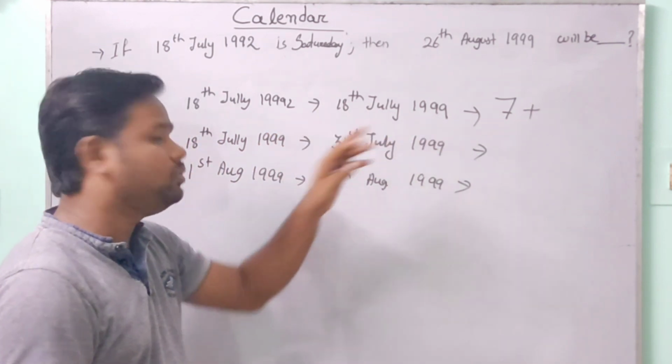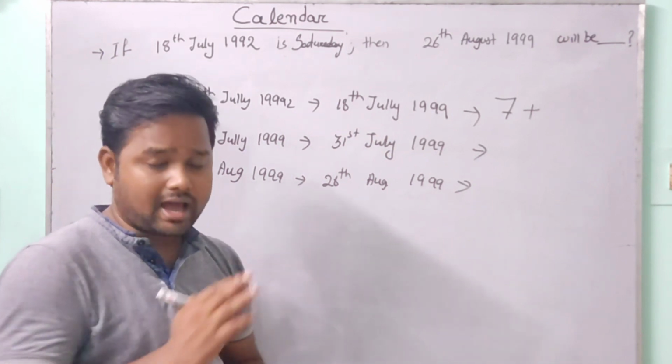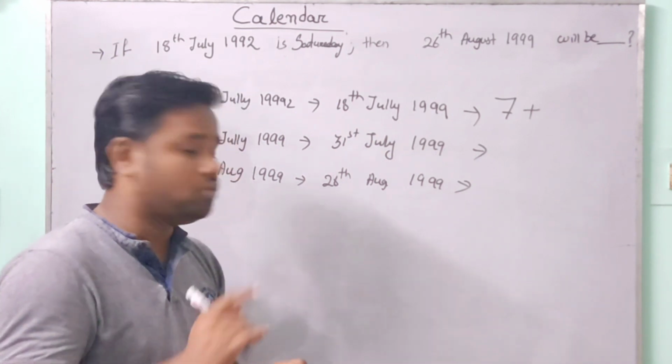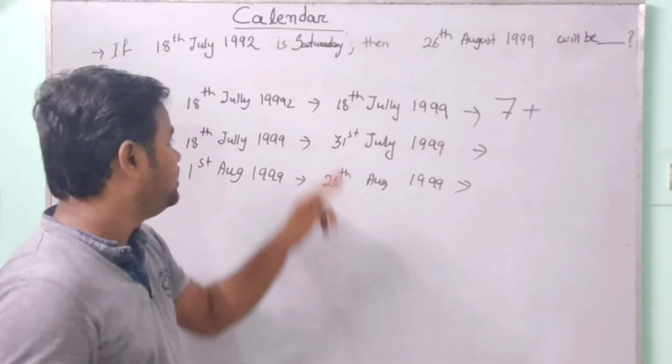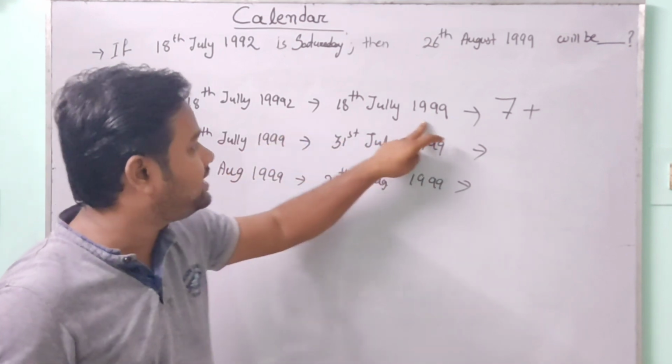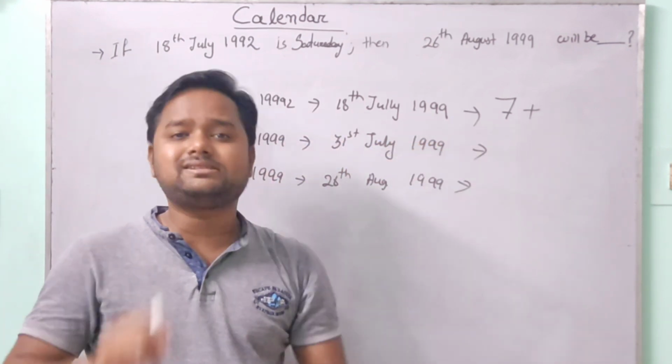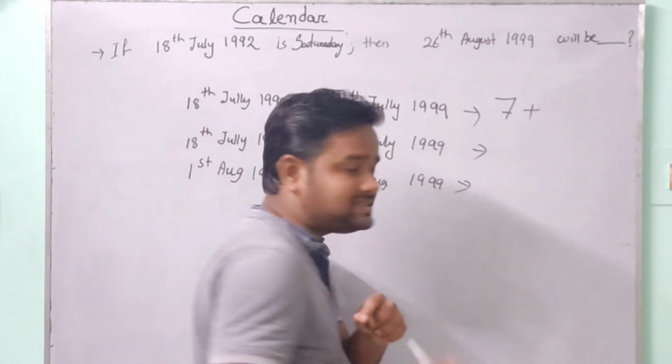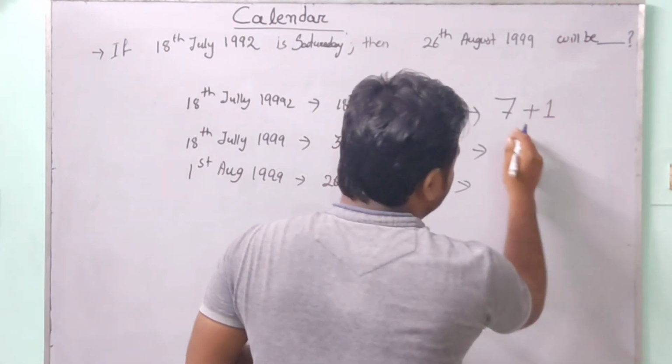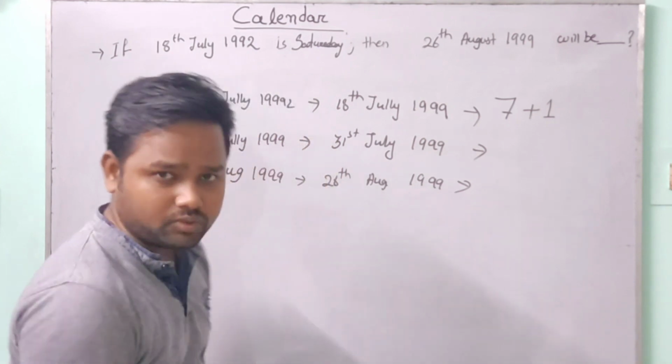Here we know that a leap year comes once across 4 years. So here from 1992 to 1999, 1996 is the leap year. So for 96, one extra day will be added. So here it will be 7 plus 1, which is equal to 8.